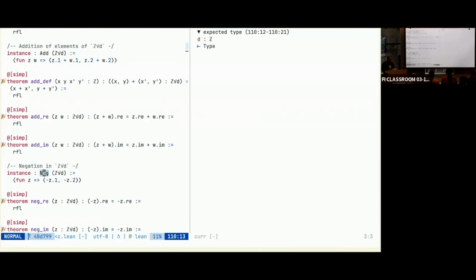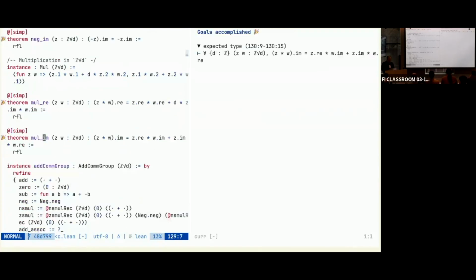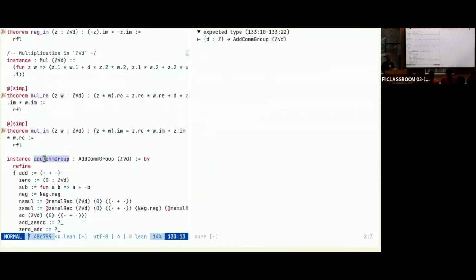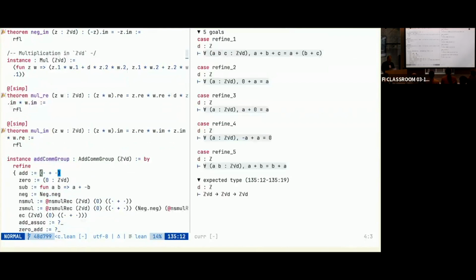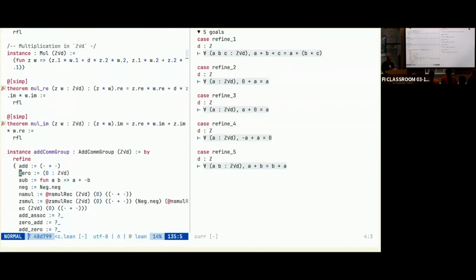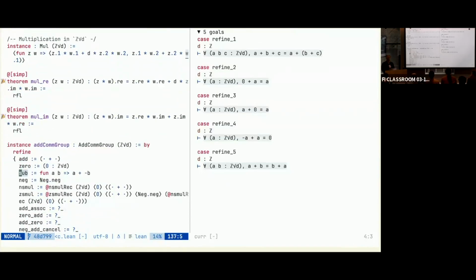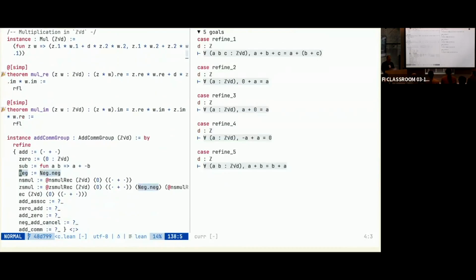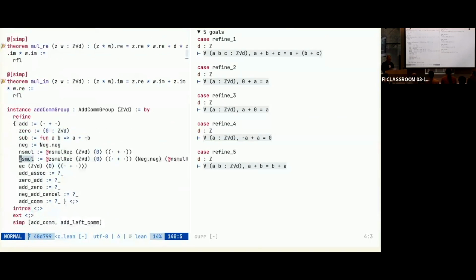Later on, there is a proof that it is an additive group. They say that we'll take the addition as the one that has just been defined before, the zero as the zero, the sub as a plus minus b, and the negation as the negation, and so on, and the rest is left.